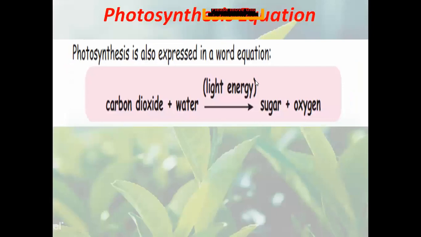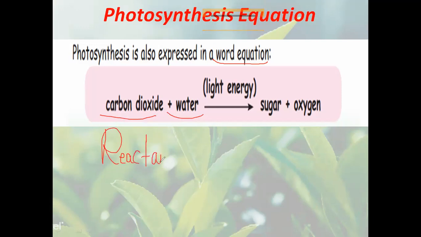So here is the equation. You have to study this equation. I told you this is called the word equation. Why do we call it word equation? Because it's written in words. Carbon dioxide plus water. What do you call them? They are called reactants. You took this in chemistry, I think. So carbon dioxide and water will give, in the presence of light energy, this is very important, sugar and oxygen.